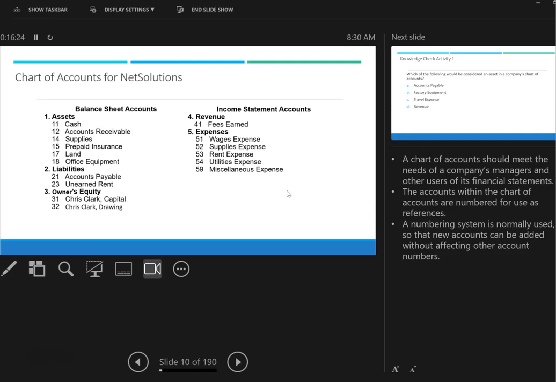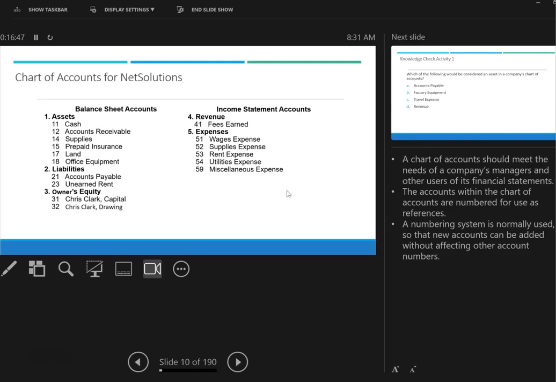Revenues will have the word earned after it, or revenue or services. The expense account will always have the word what? Always. That's how you know it's an expense. Revenues and expenses only go on the income statement. They don't go on the balance sheet. They go on the income statement.